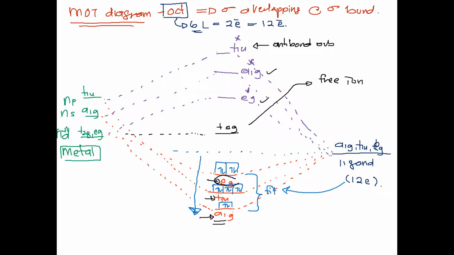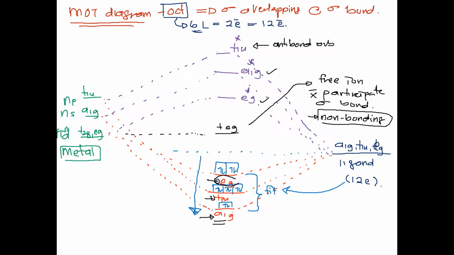Why do we say that? Because it didn't participate in the sigma overlapping or sigma bond. So this T2G corresponds to the non-bonding orbital. So when it is non-bonding, it won't have any anti-bonding, because it has no bonding at all. So it is a non-bonding orbital.